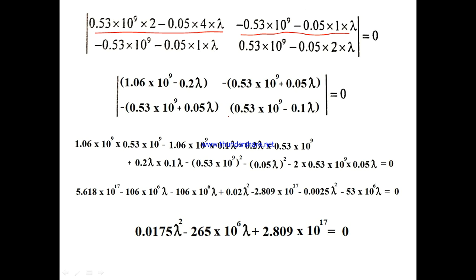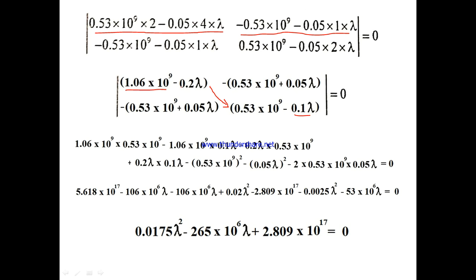Now how to multiply this determinant equation? The first multiplication is these two. So 1.06 into 10 raised to 9 into 0.5 into 0.53 into 10 raised to 9. Again minus, so 1.06 into 10 raised to 9. Why minus? This value and this value I have to multiply, so 1.06 into 10 raised to 9 into 0.9 lambda with a minus.